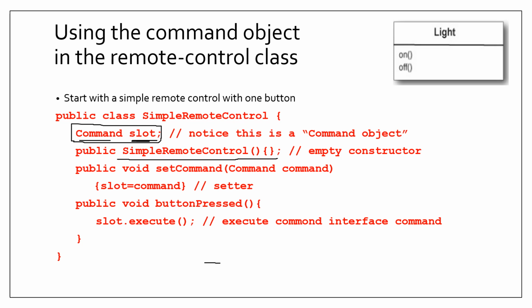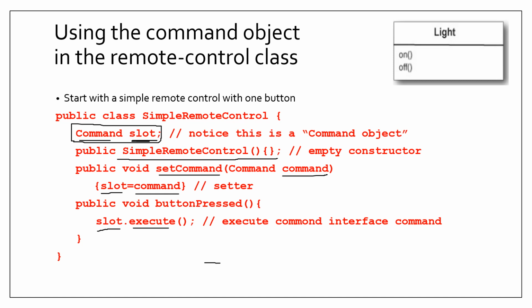Now we have a set command method. This is a classic setter, and we're going to pass it a command object. Remember in the previous slide, we saw the creation of the command object. And so we simply say, hey, this slot is assigned this command object. It's set. Now we have a button press method, and the button press method says slot.execute.